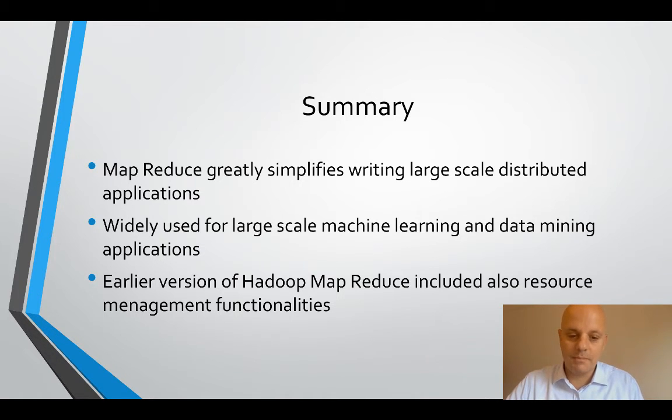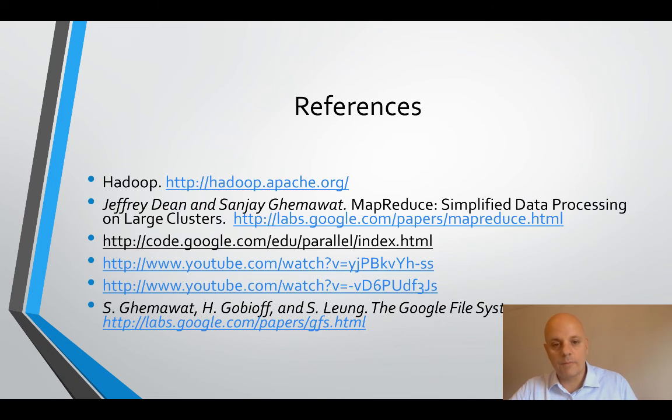Early versions of Hadoop MapReduce also included resource management functionalities, and today no more. So the new version of Hadoop can even replace MapReduce with another parallel programming approach and always use Hadoop as architecture.